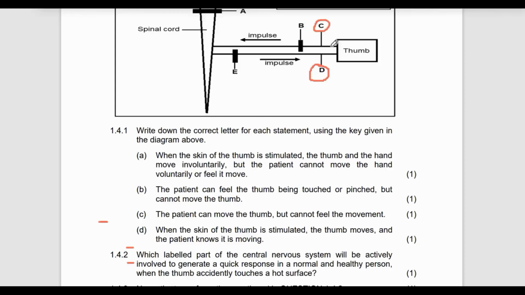For example, if I touch you on your shoulder, that stimulus is going to be converted to become impulses. Your muscles on your shoulder convert those into impulses.